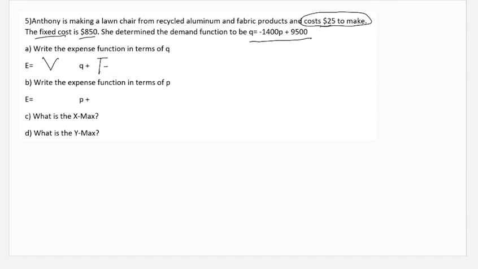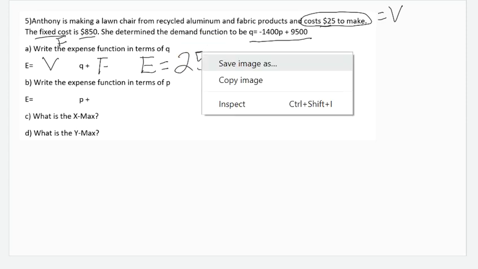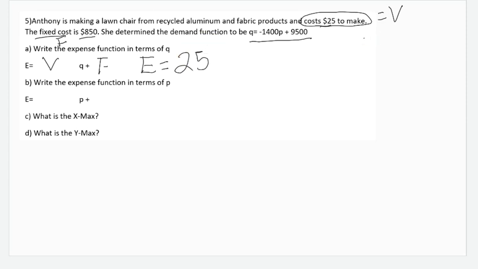So we're doing the same thing that we did before. So E is equal to cost to make, our variable cost, and this is our fixed. So I'm going to put 25 times the quantity plus 850. That's it. That's our answer for that one.